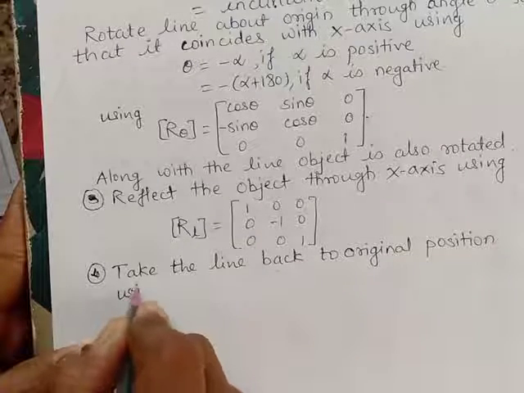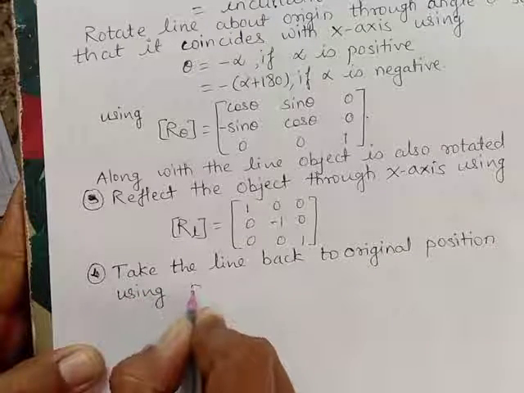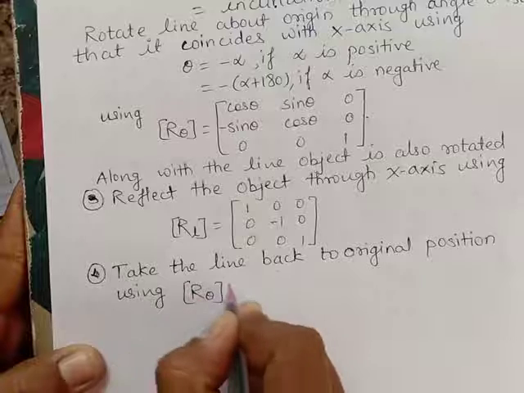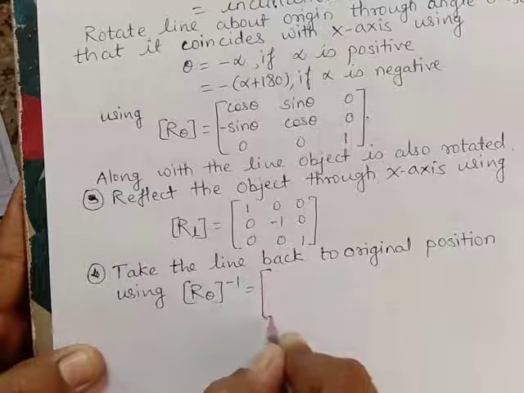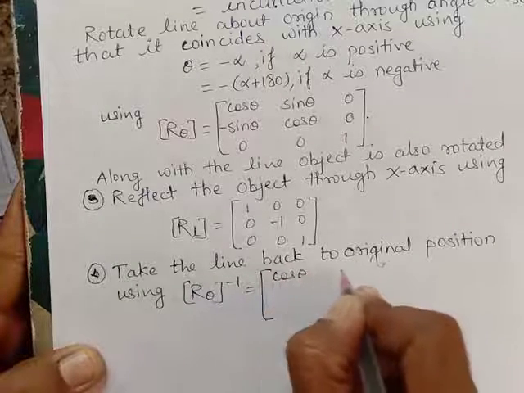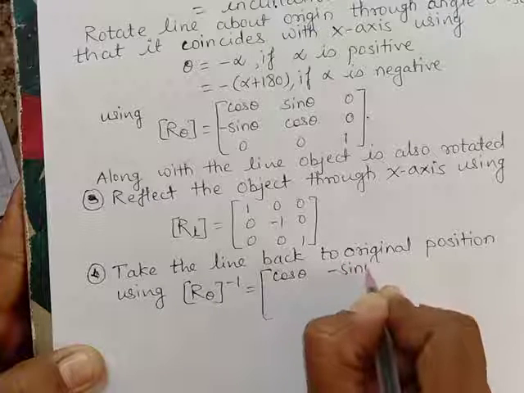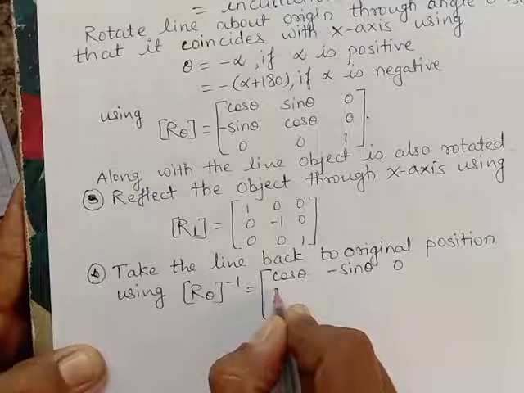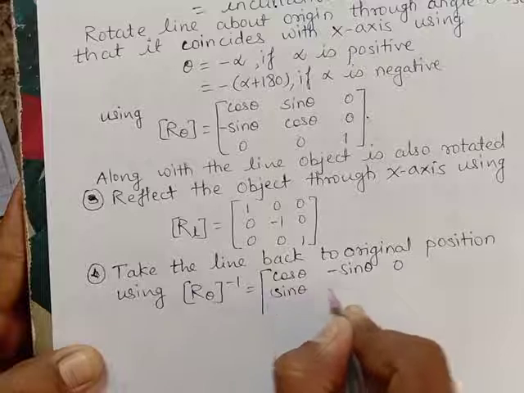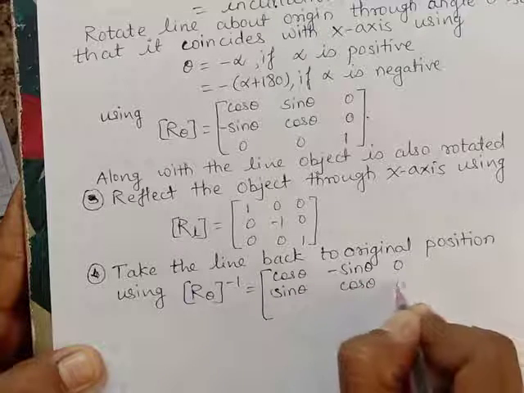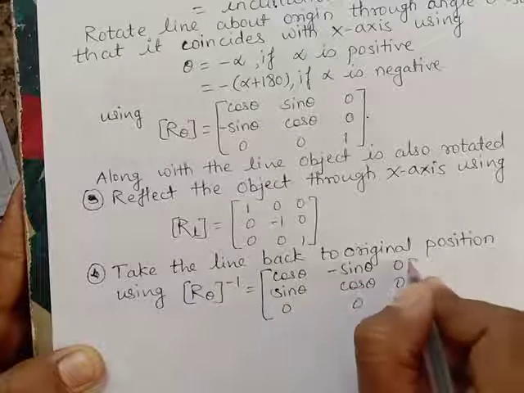Using R theta inverse, that is cos theta, minus sin theta, 0; sin theta, cos theta, 0; 0, 0, 1.